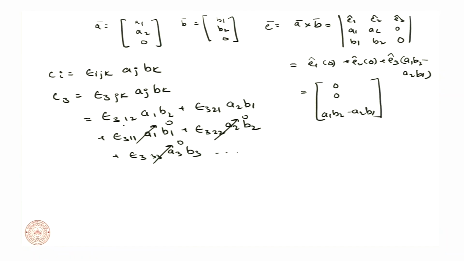What we have are just these two terms. 312 is in order, so that is plus 1 into a1 b2.